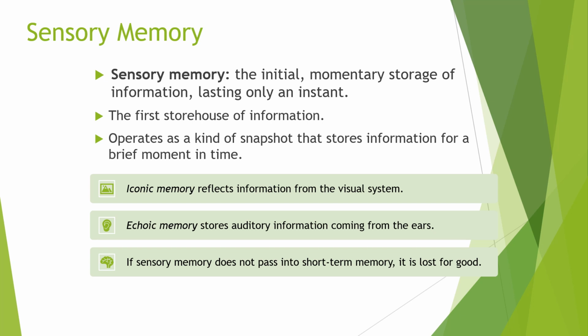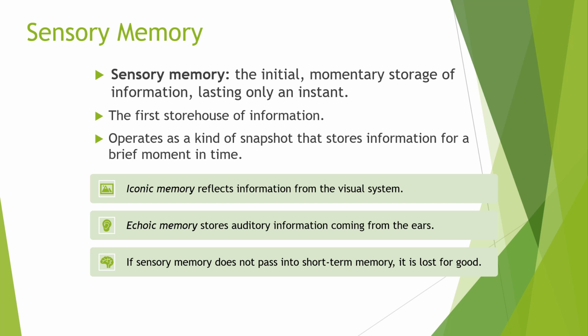The word echoic, you think about echoes. Echoes are something that you hear. So echoic memory stores auditory information coming in from the ears. So iconic memory stores visual information coming in from your eyes. Echoic memory stores auditory information coming in from your ears.